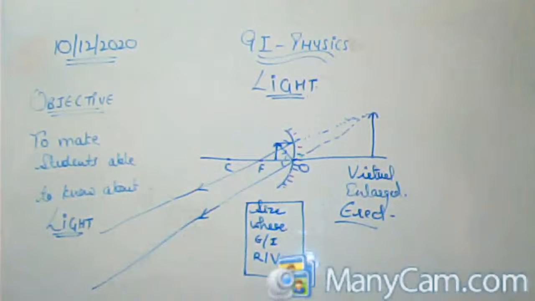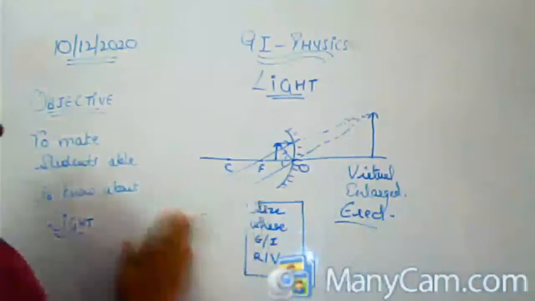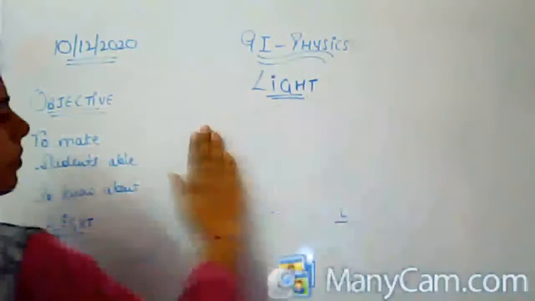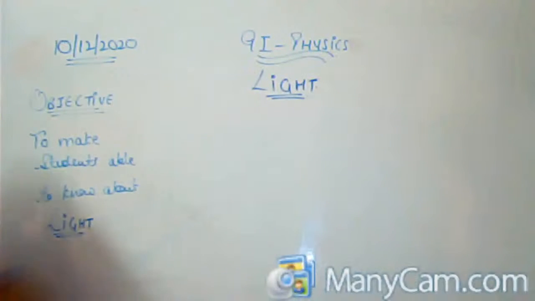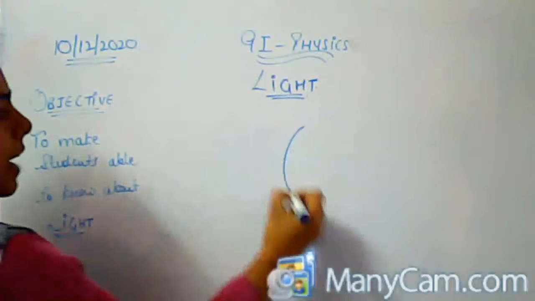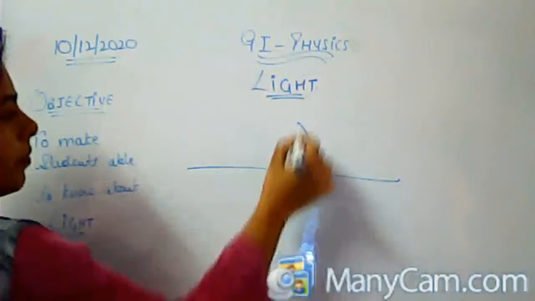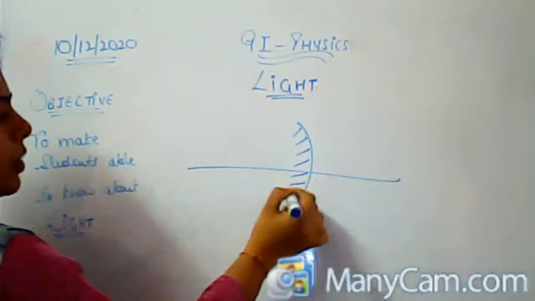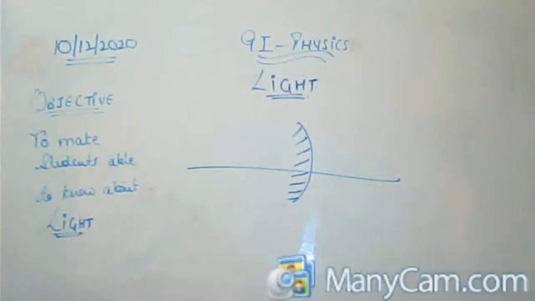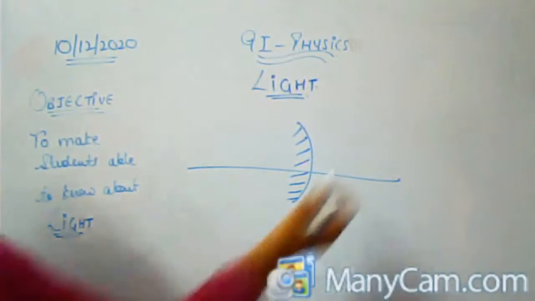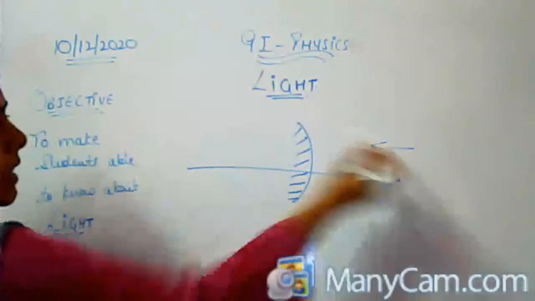Okay. Now we are going to proceed on with the convex mirror. Convex mirror में you will be having the mirror like this. Inner side polished. Fine. तो इसका इनर साइड पॉलिश्ड है, मतलब रेस कहां पे आएंगे, ये रिफ्लेक्टेड साइड है इधर से.